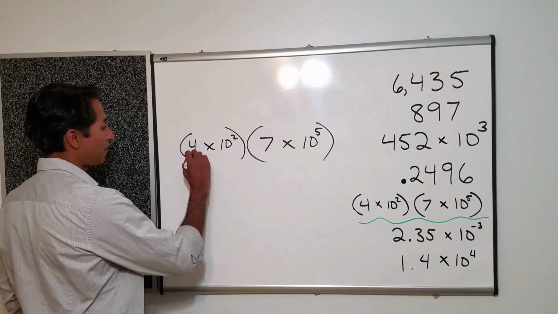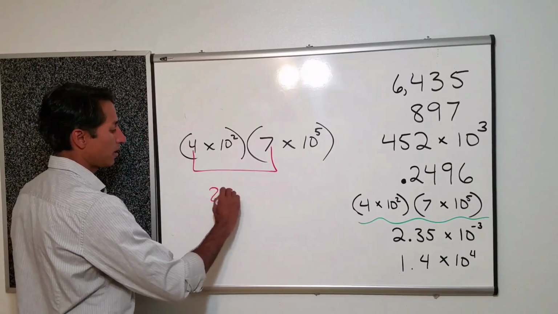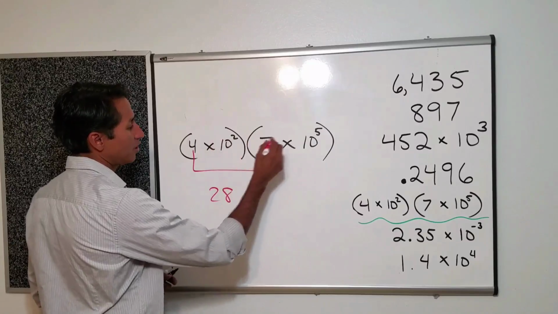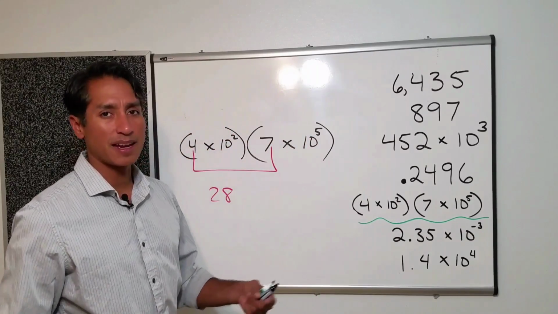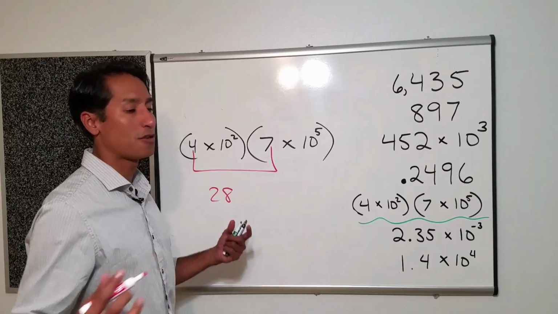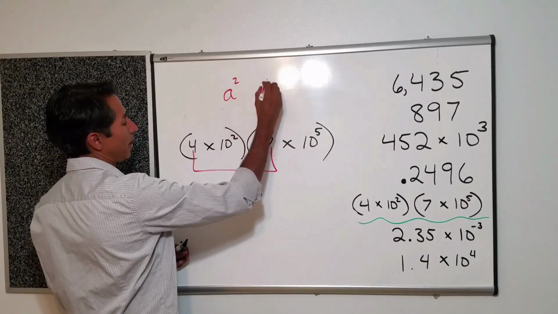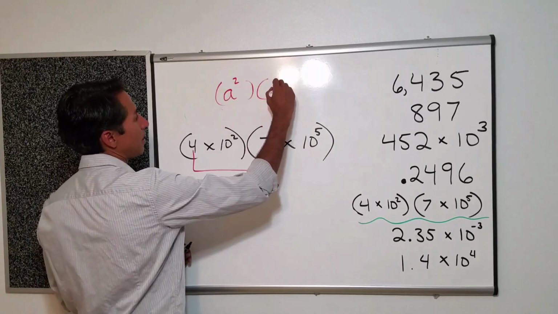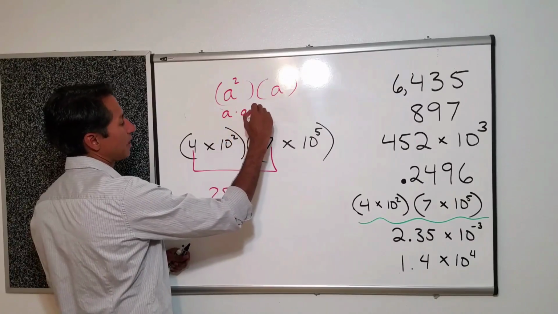And when I say that, I mean we're going to multiply the 7 times the 4, which is 28, and we're going to multiply the 10 squared times the 5 squared. And getting back to my other work, if you want to get technical with it, we could look at this as a squared times a to the 5th, which is the same thing as a times a, right?